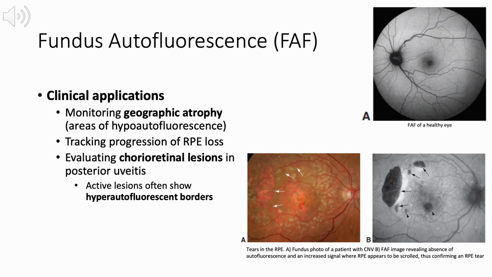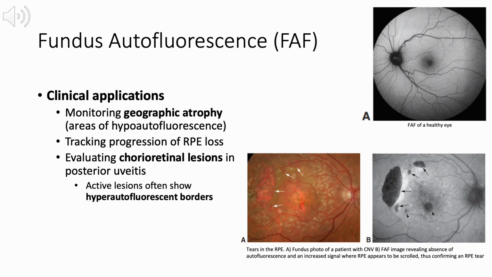Building on the principles of fundus autofluorescence, this slide highlights its key clinical applications. FAF is particularly useful for monitoring geographic atrophy, which appears as well-demarcated areas of hypoautofluorescence, corresponding to RPE loss. Because FAF directly reflects changes in RPE health, it is also well-suited for tracking the progression of RPE loss over time.